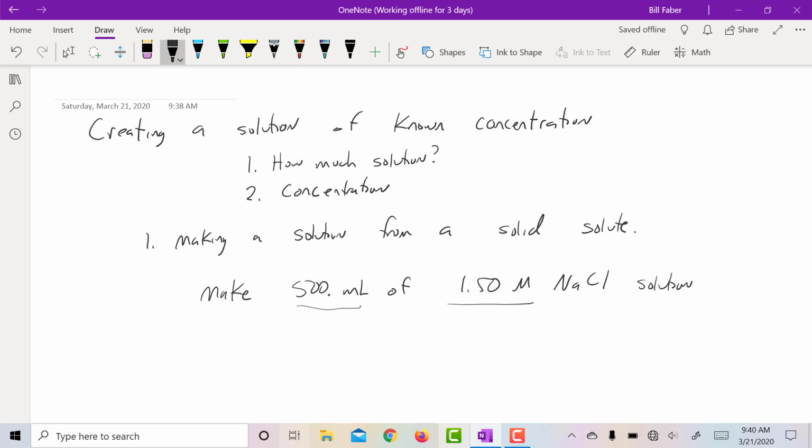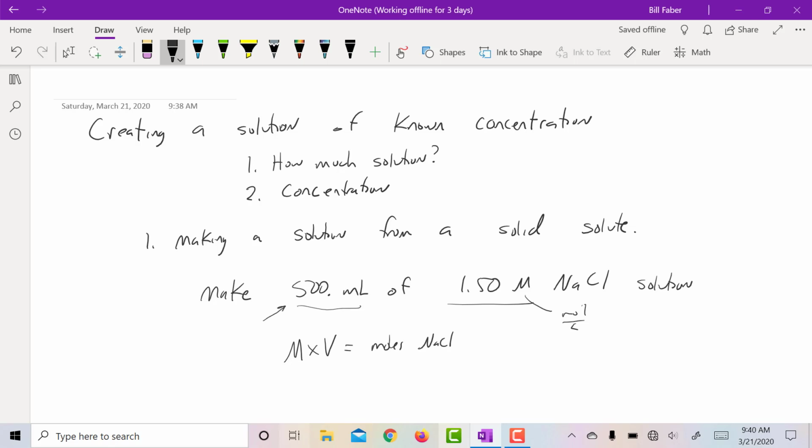So first, figuring out the number of stuff you need, how much sodium chloride. If you just have a container, you have to use this concept of molarity times volume equals moles of NaCl that you need. Now, remember, this is moles per liter, and this is in milliliters, so this has to be converted.